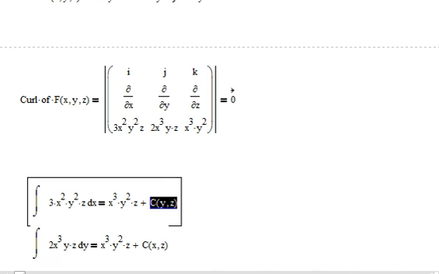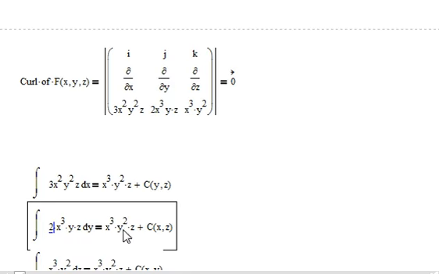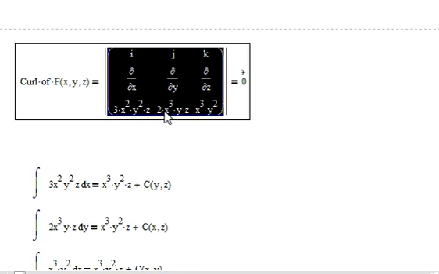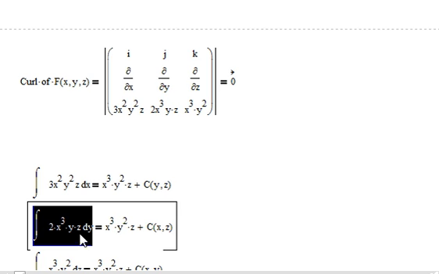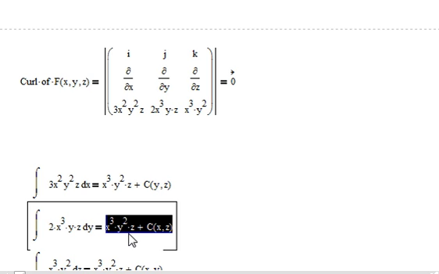So therefore, we can say, well, what about this? This is going to be the partial derivative of something with respect to y, and so we integrate this one with respect to y, we would get, actually the 2's would cancel because we're going to get y squared over 2, so we get x cubed y squared z plus some function of x and z.